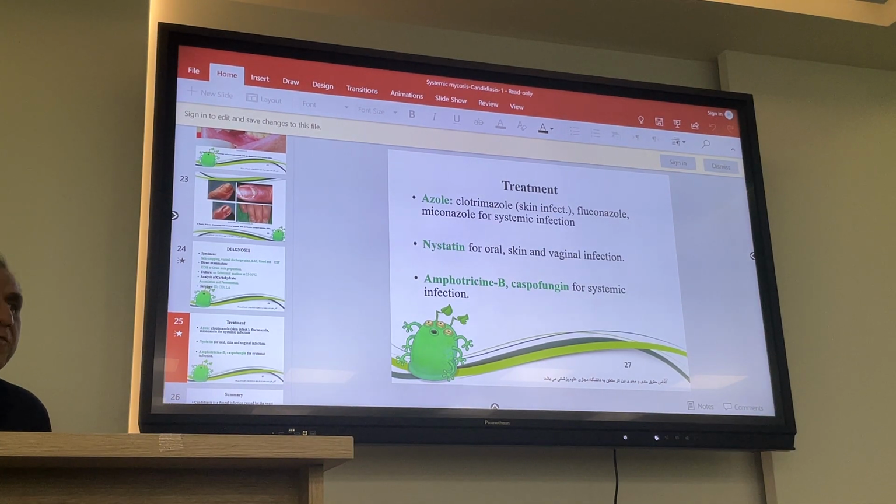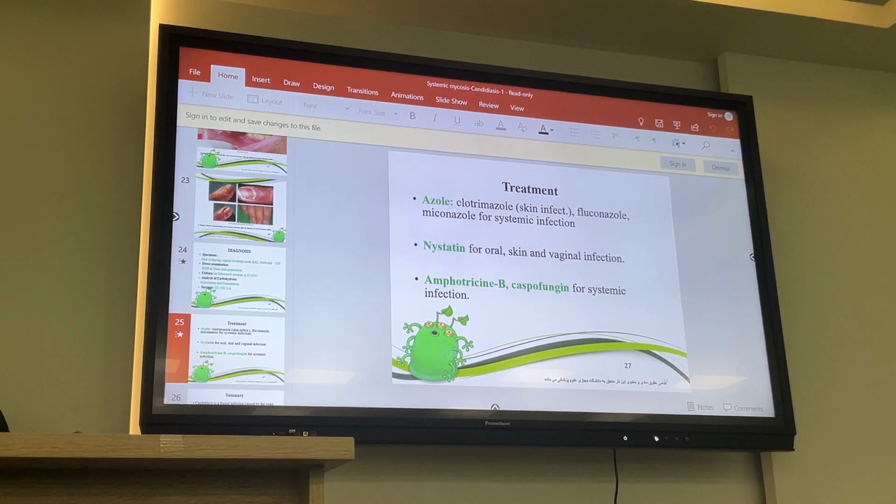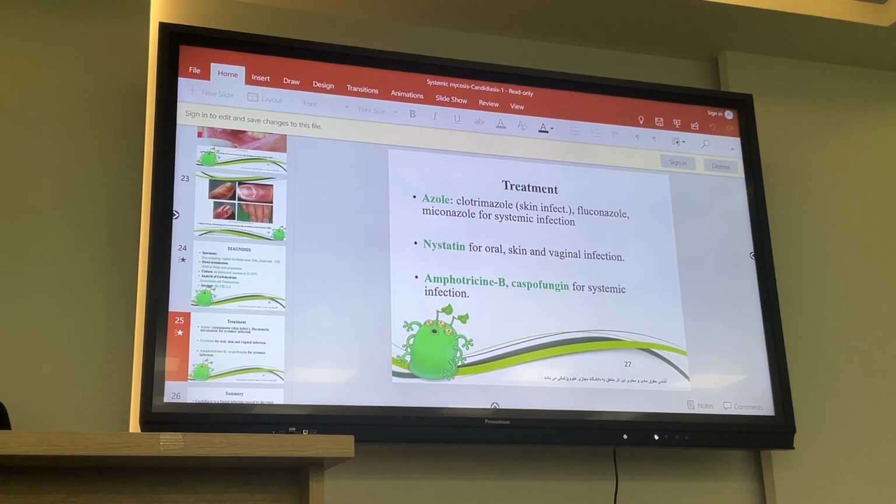You need absorption of the antifungal drug so that it reaches the brain, it reaches the lung. But for the GI tract, you don't need absorption. You can use this drug directly. There isn't any absorption, but it can affect intestinal disorders.